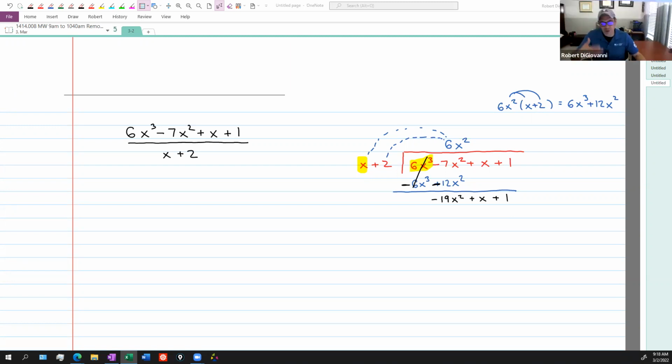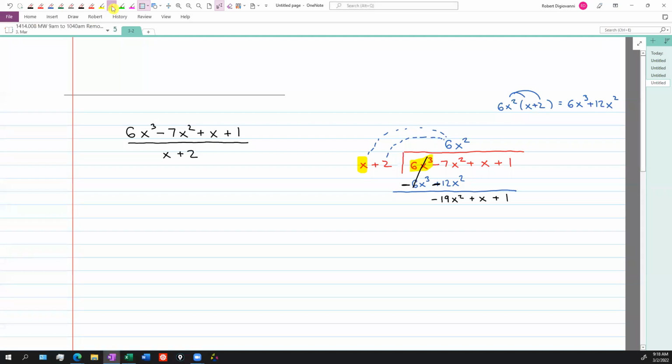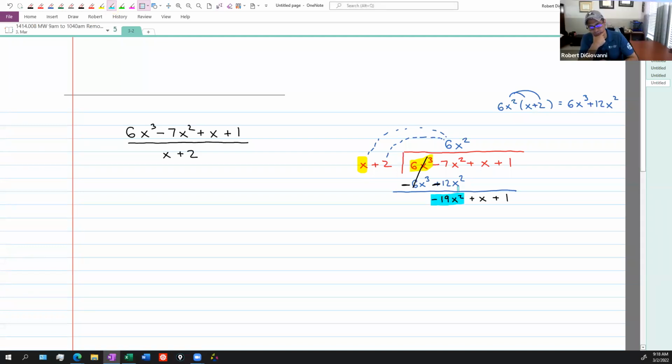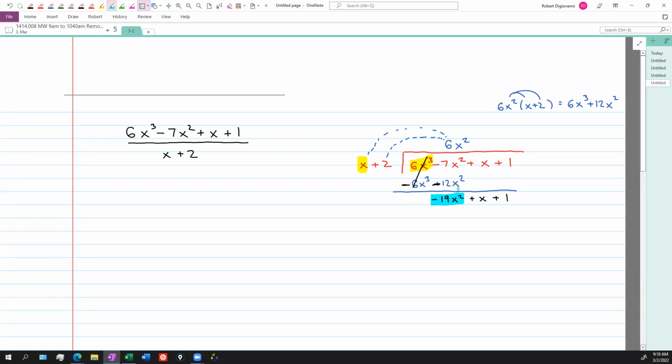Okay, so what am I trying to do now? At this point, what am I looking at? What are you trying to accomplish here? With this negative 19x squared. Is it to see if the x plus 2 can divide into it, or would it be the 7?